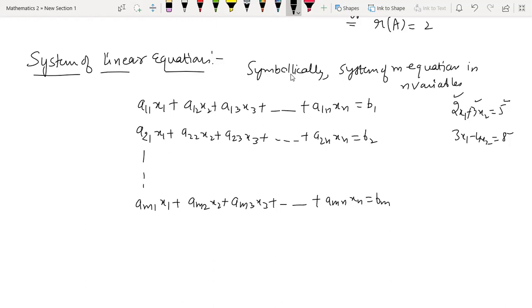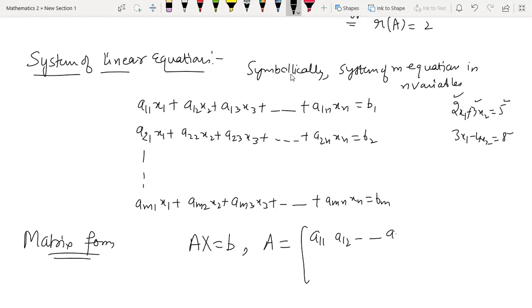And the symbols I have used for coefficients are a11, a12, a13, because ultimately we need to express it in matrix form. So the matrix form is Ax equal to b, where A is a11, a12, a1n, up to am1, am2, amn.